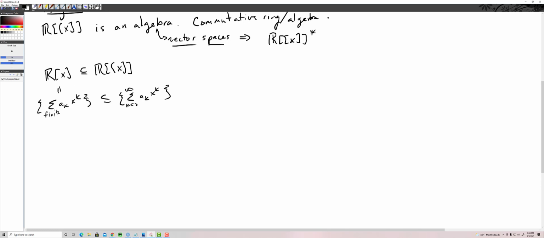Maybe the biggest blaring difference between this and the ring of polynomials is that there are inverses for some of the elements in the ring of formal power series that are invertible.